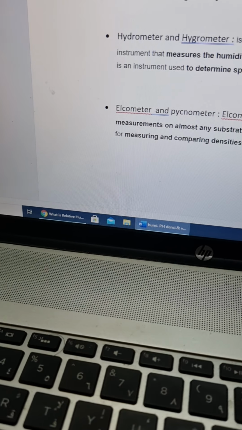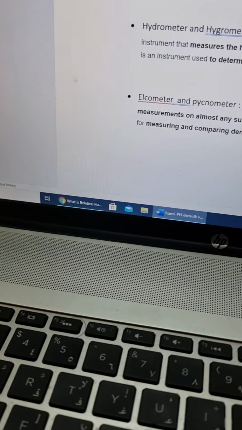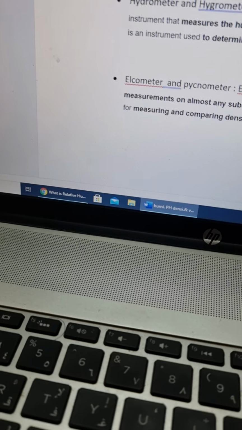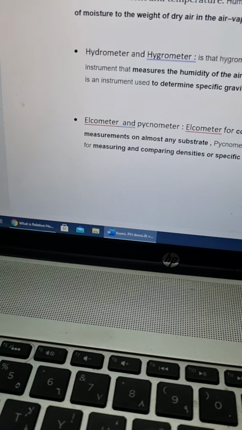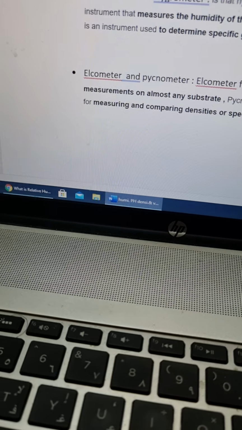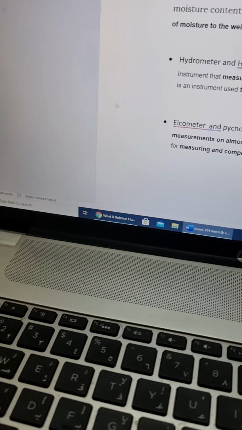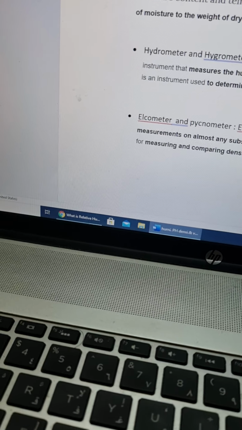Okay, electrometer and picnometer. Electrometer is for coating thickness measurement and to measure viscosity. And picnometer is used to measure the density or specific weight of a liquid.